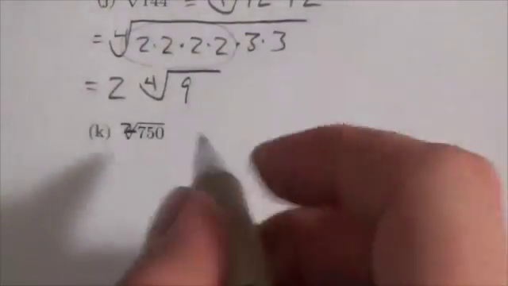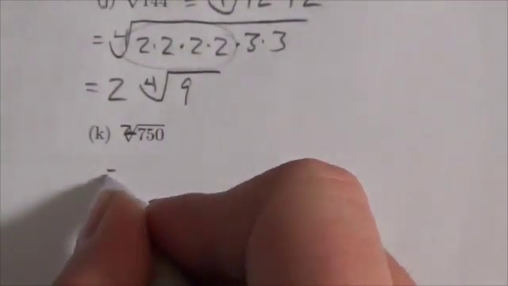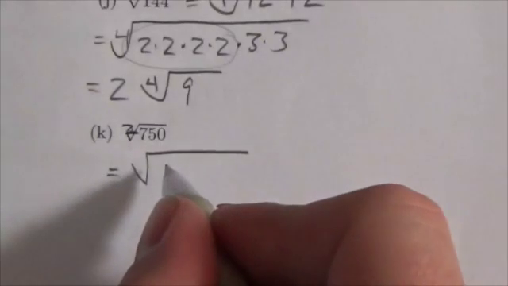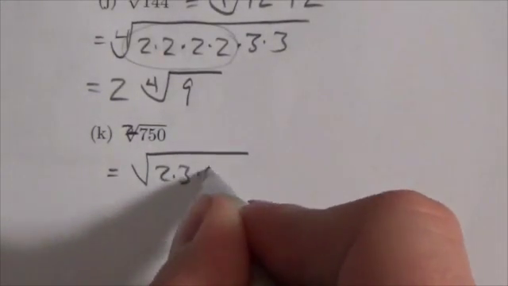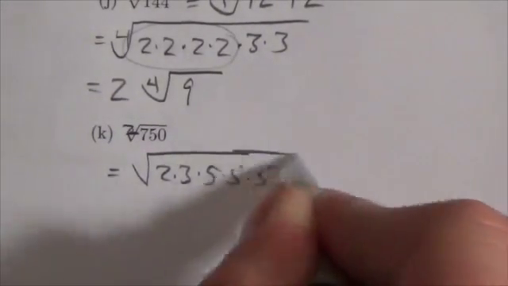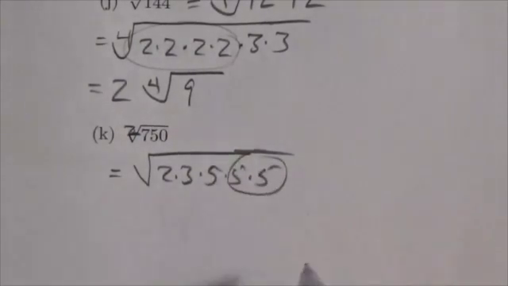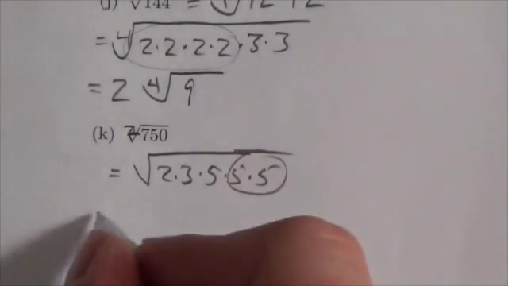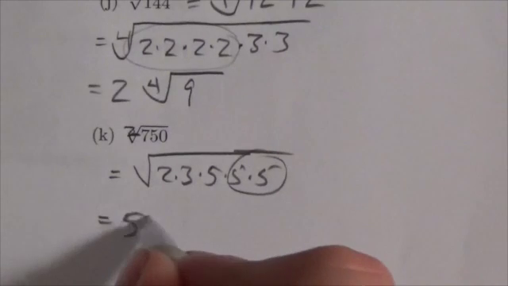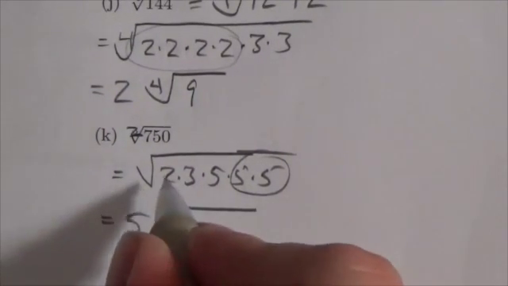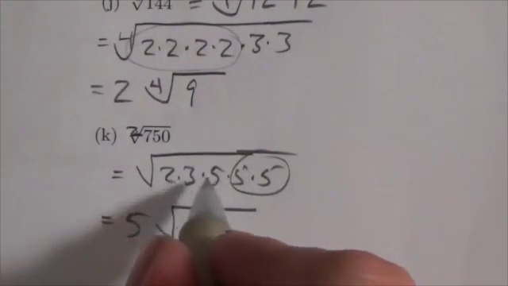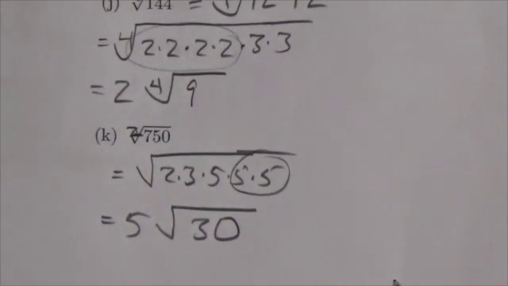We already know that the factors are 2 times 3 times 5 times 5 times 5. A square root means we take a pair and write a single value up front, so it's going to be 5 times the square root of 2 times 3 times 5, which is 30. And there's the answer, 5 times the square root of 30.